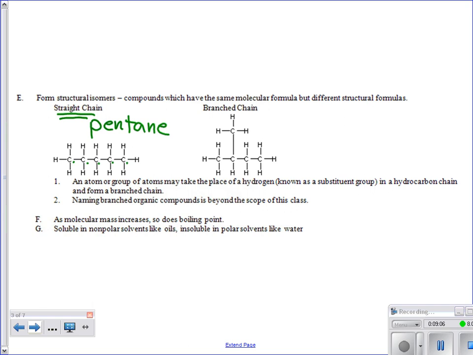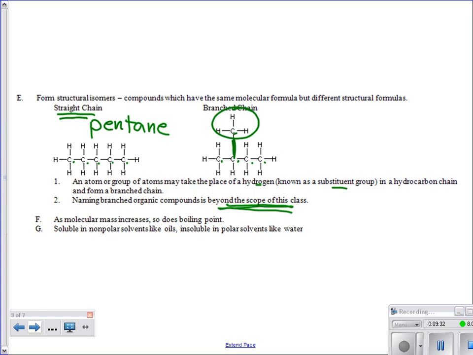It's a pentane. Now notice over here, I still have 5 carbons, but my longest chain, I've got 4 carbons there. This guy just happens to be tacked onto this carbon in place of a hydrogen, and that's known as a substituent group, but what I want to make sure that you guys understand is that naming these branched organic compounds, we're not going to go in depth in that at all.